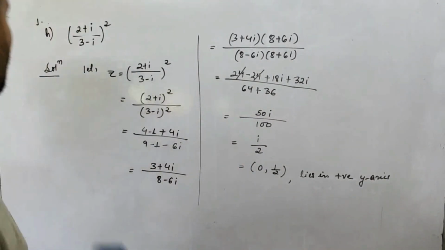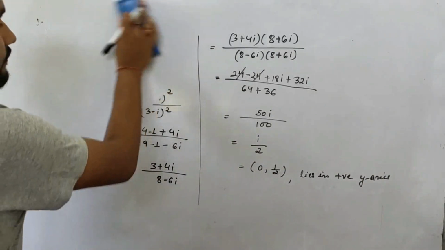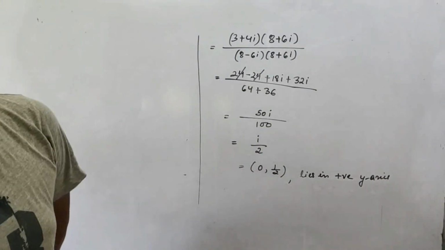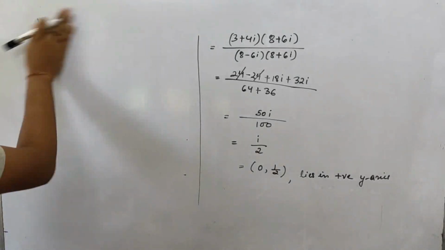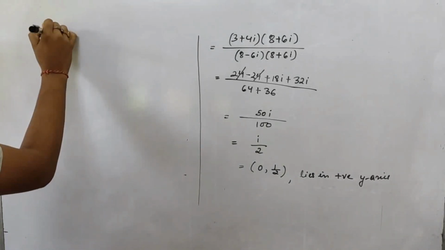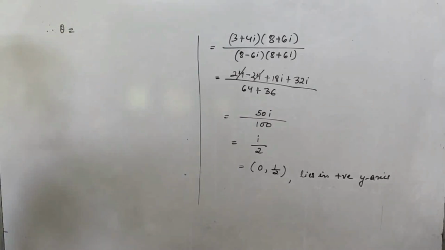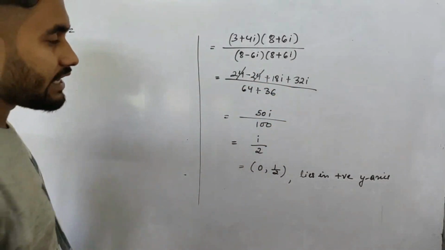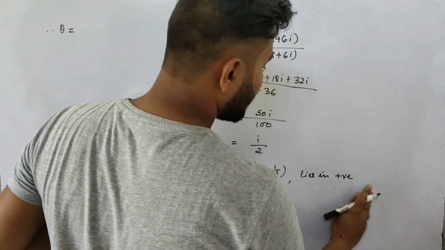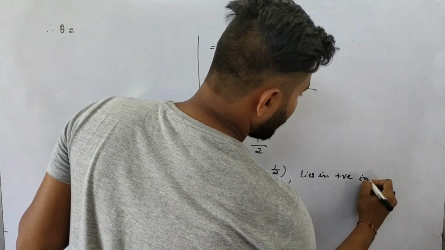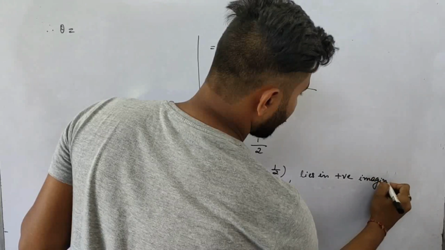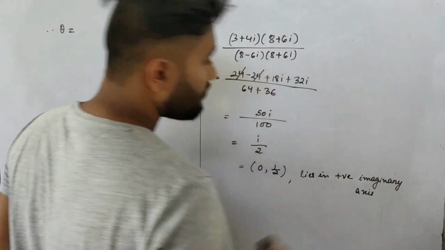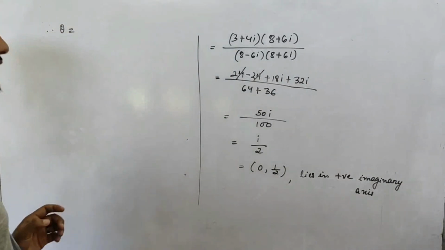If it lies in the positive y-axis, what is the value of theta? Directly I can write. Therefore theta will be equal to, if it lies in the positive y-axis, or you can say positive imaginary axis.